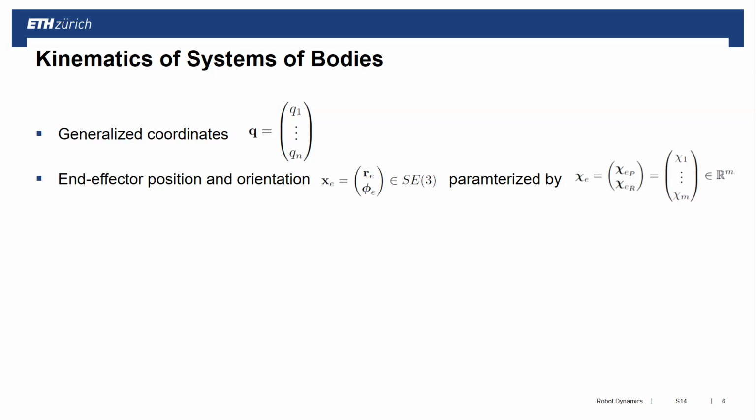We can choose here Cartesian coordinates, what we do most often. We can choose here Euler angles or quaternions. And we can now make this relationship between what my Qs are, how the configuration in joint space looks, and what the end effector position and orientation is.